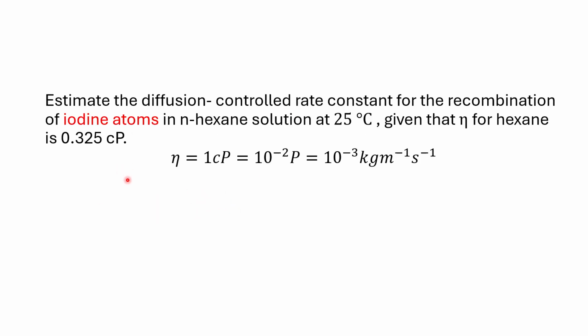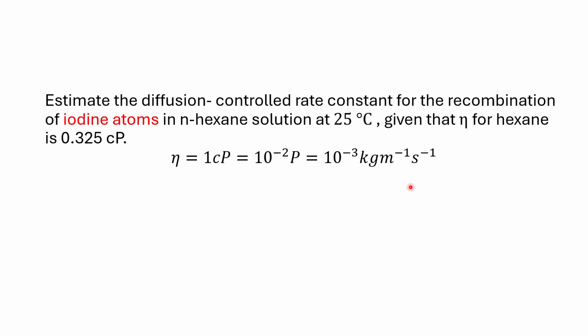This is another example where you are asked to estimate the diffusion control rate constant for the recombination of iodine atoms in hexane solution as the solvent at 25 degrees C. Given that the viscosity of hexane is 0.325 centipoise, you can convert the centipoise into SI units.